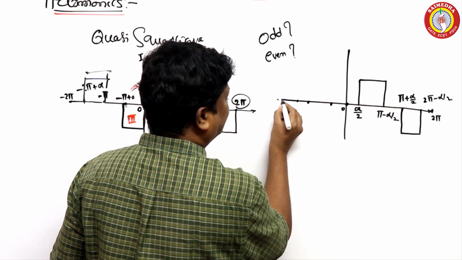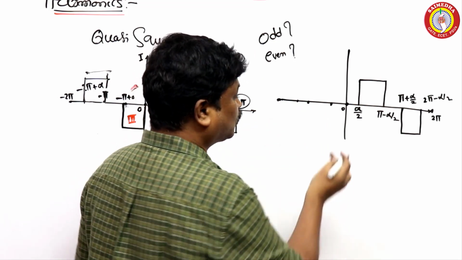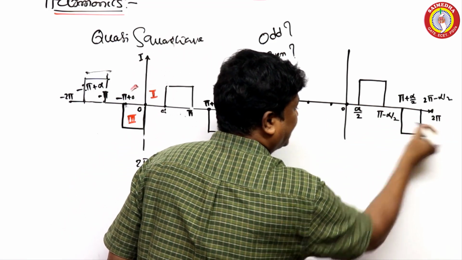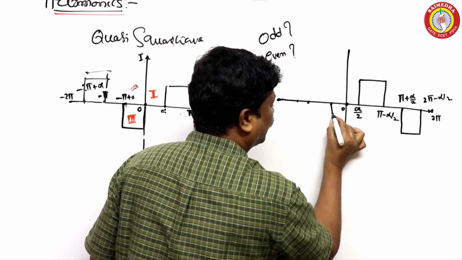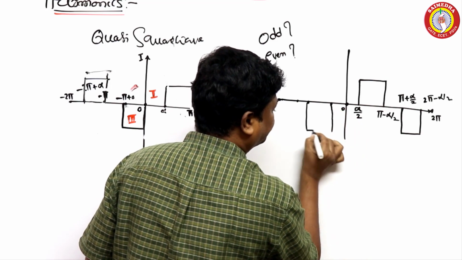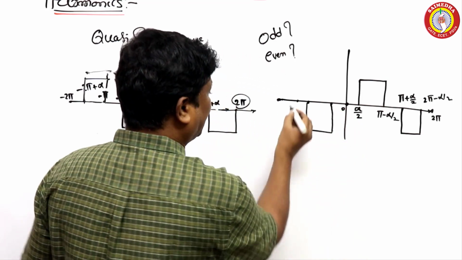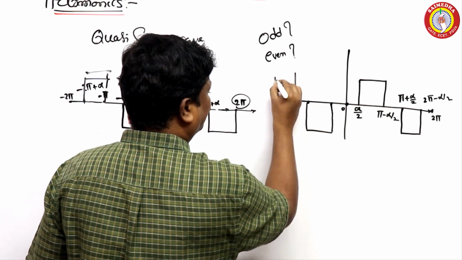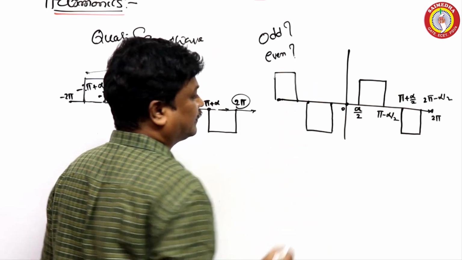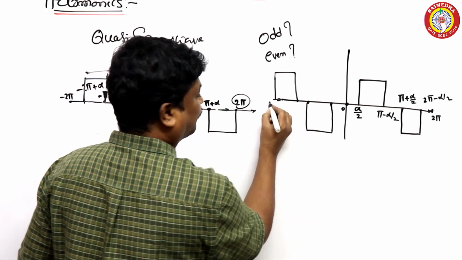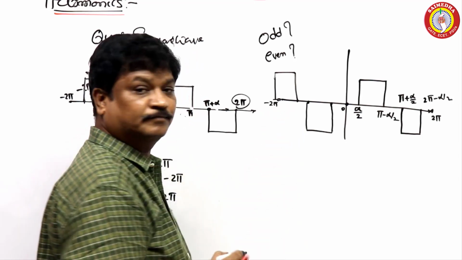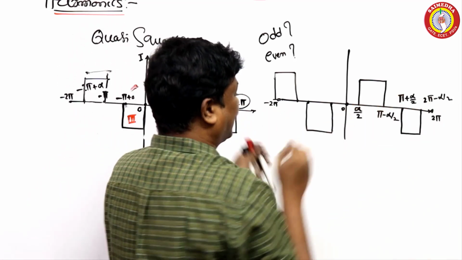You can get it like this. So between this period and this period, there is no output. Only between this period we have the output like this. Similarly, we have the output like this. This is minus 2 pi, this is plus 2 pi, this is minus 2 pi.